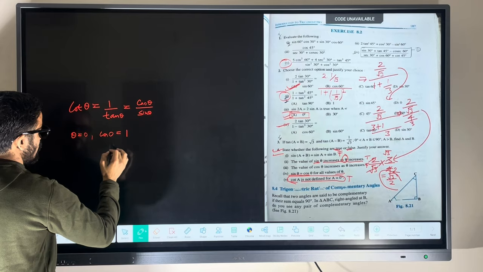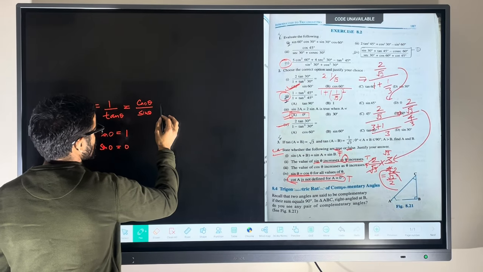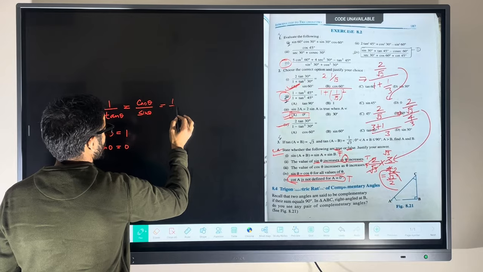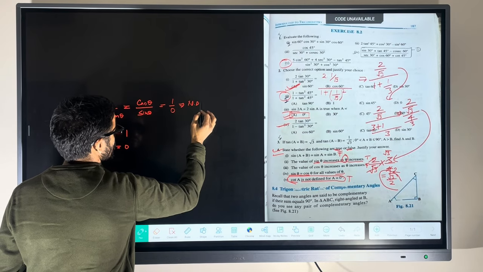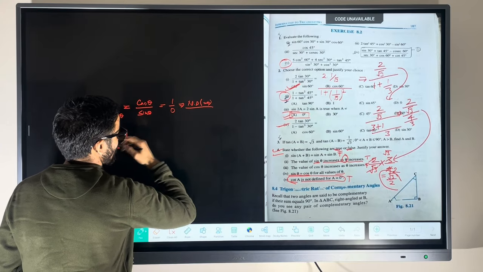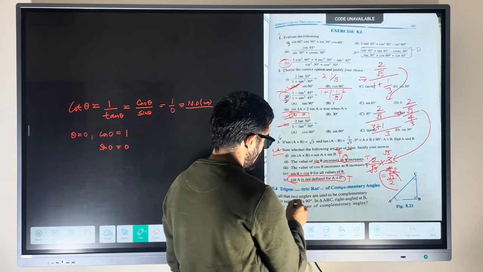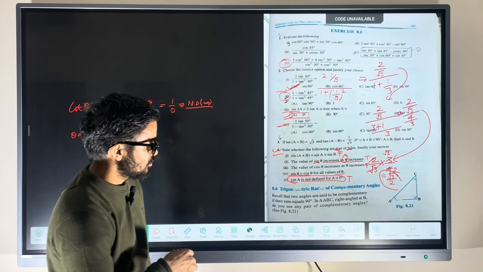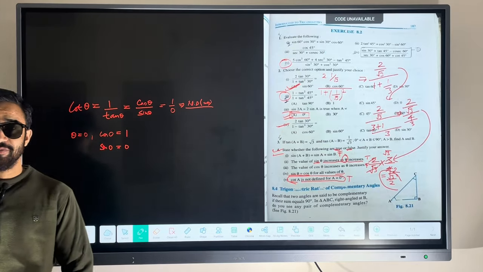Cos 0 is 1, and what is the value of sin 0? Sin 0 is 0, so it is 1 by 0, and we all know that 1 by 0 is not defined. So that statement is also true. Cot A is not defined at A equal to 0 degrees. Okay, so we have completed exercise 8.2.